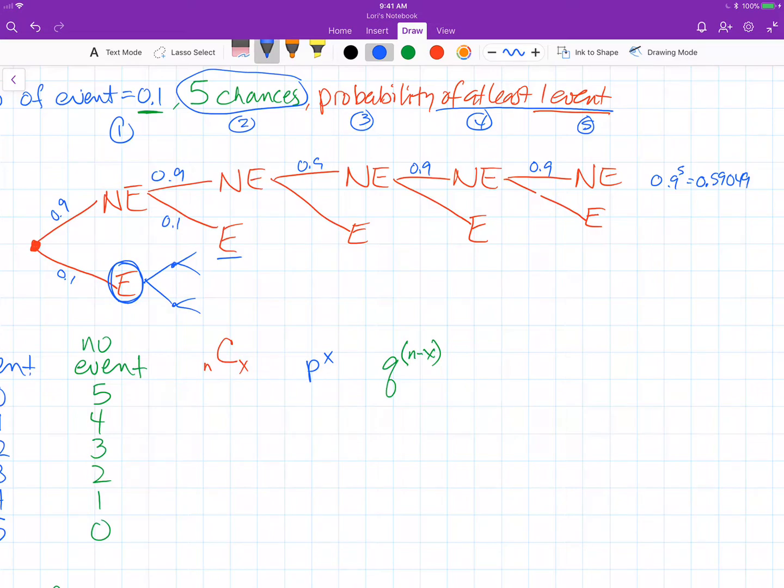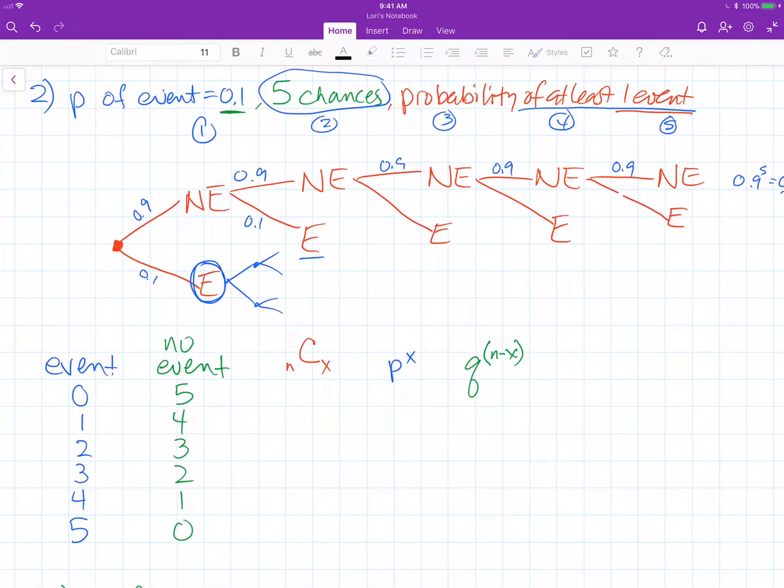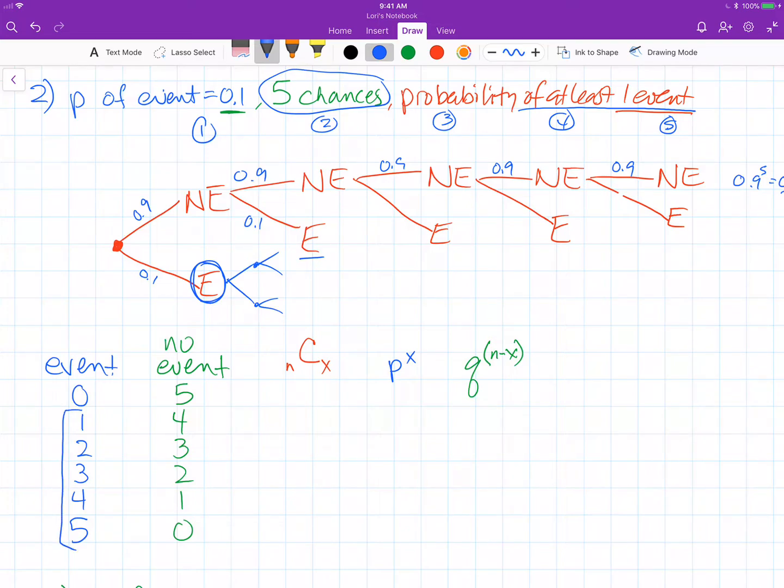So the chances of never having an event then is the opposite of the chances of having 1 or more events. So again, here we have our space that would achieve what the question is asking, but we just calculated something else. We calculated the inverse of that. We calculated the event not occurring 5 times in a row.